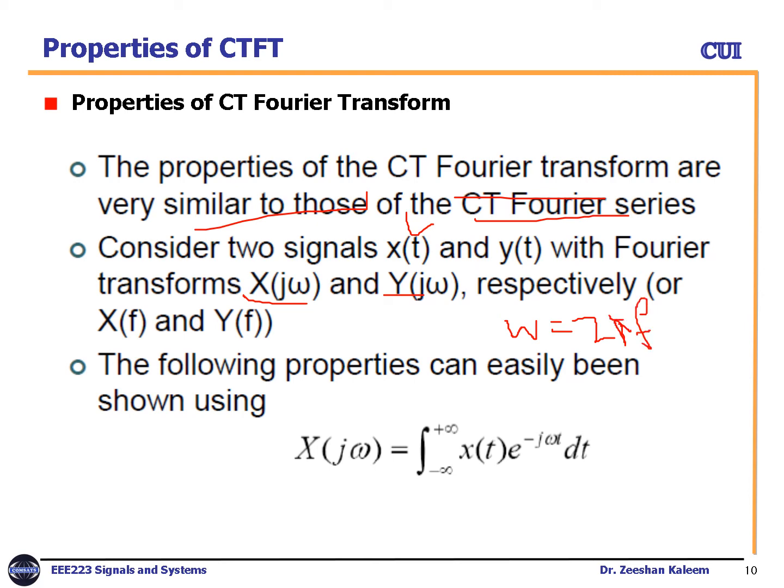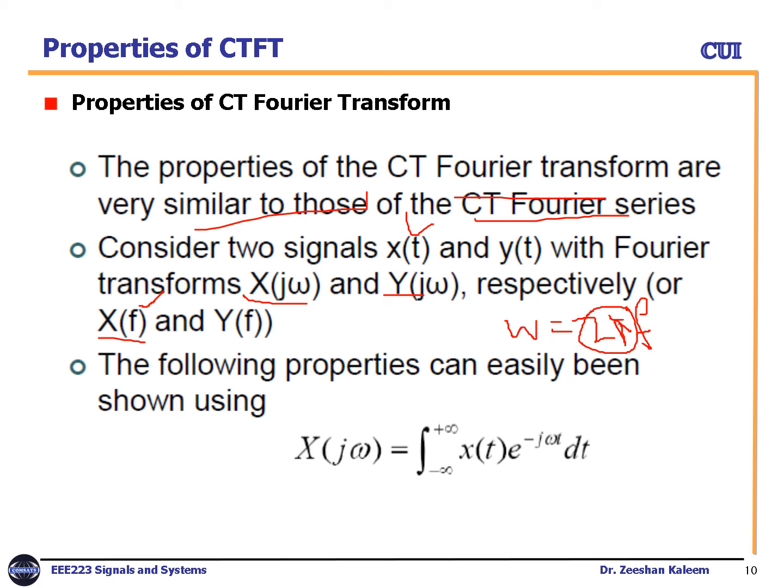There is only a difference of a scaling factor of 2 pi between omega and frequency. Usually they write X(j omega), or sometimes X of f. They both are the same: X(j omega) is the Fourier transform in omega domain, and X(f) is also the Fourier transform of a signal but in frequency domain.